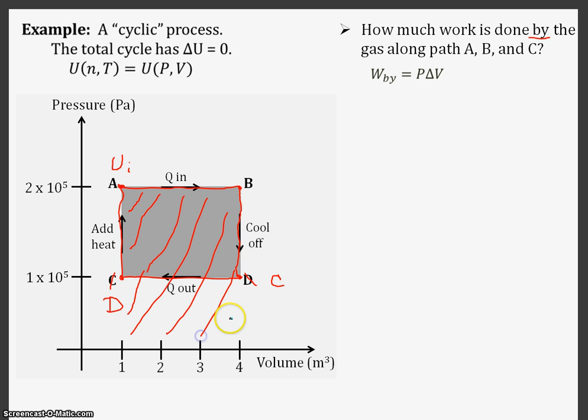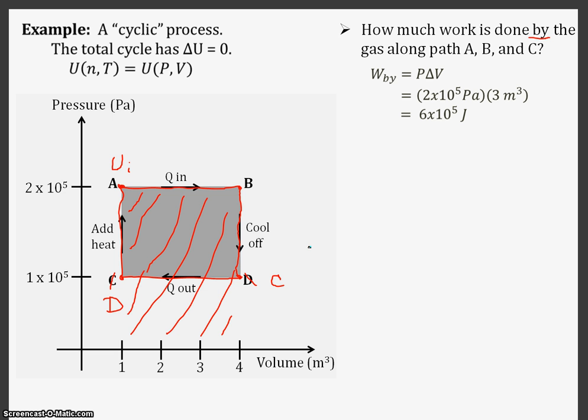So that is the work. It's 200,000 pascals times delta V of 3 cubic meters, and that ends up being 600,000 joules.